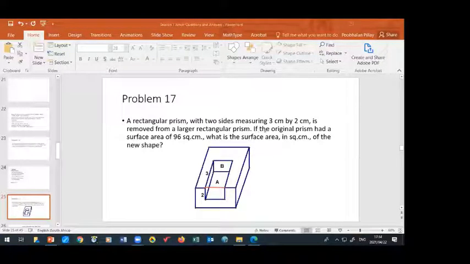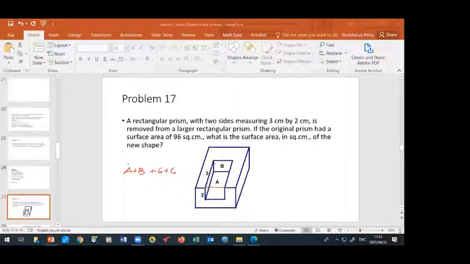If you look at the shape of what we've got here, you've got A plus B, the bottom plus that one, A plus B, and these two sides, which is 6 plus 6, is the surface area of the hole.